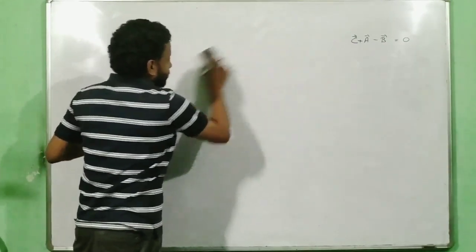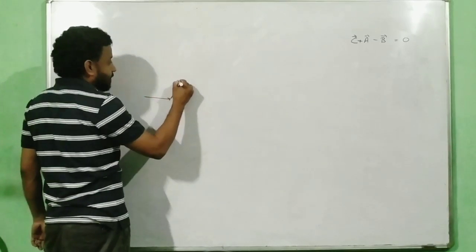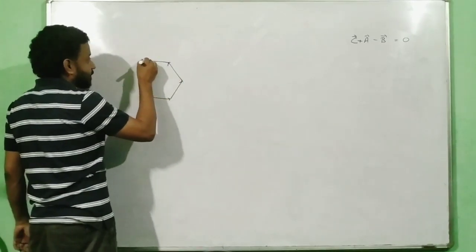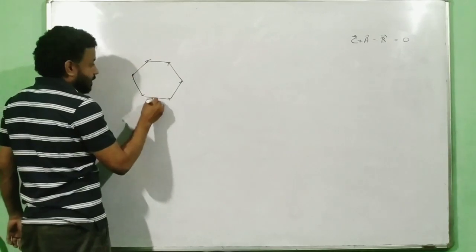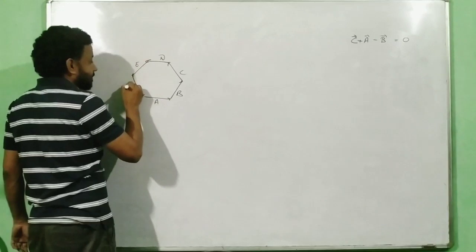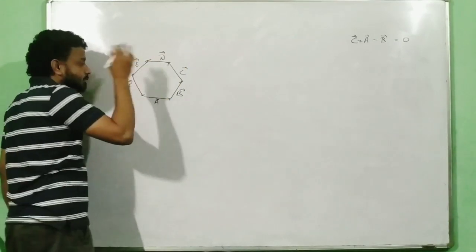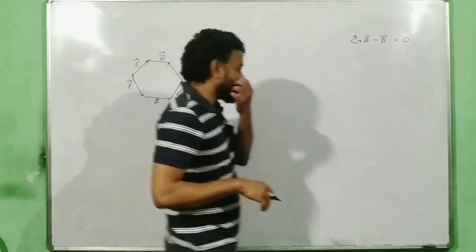Now let's see over here this question. Say that you have this question over here. This is A vector, B vector, C, D, E, F. These many vectors are acting on the same particle. You know what does it mean?